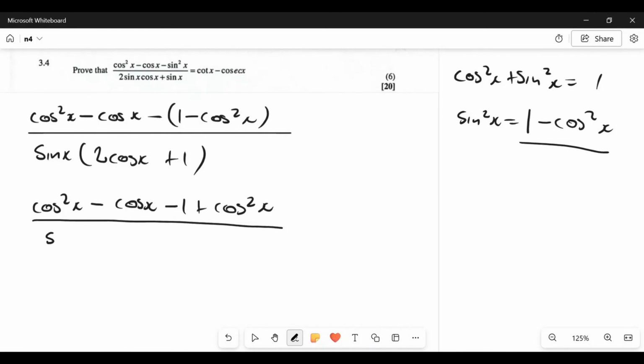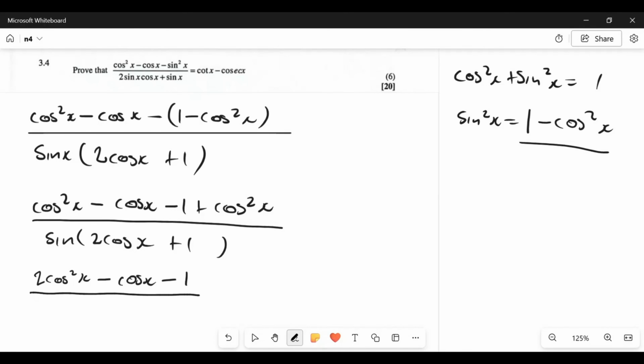Divide by sine x, 2 cos x plus 1. There we go. So here on the numerator, we have the like terms. We have cos squared x with another cos squared x. They're going to add and give you 2 cos squared x. But you're left with negative cos x minus 1. All this is divided by sine x, open bracket, 2 cos x plus 1, close bracket.